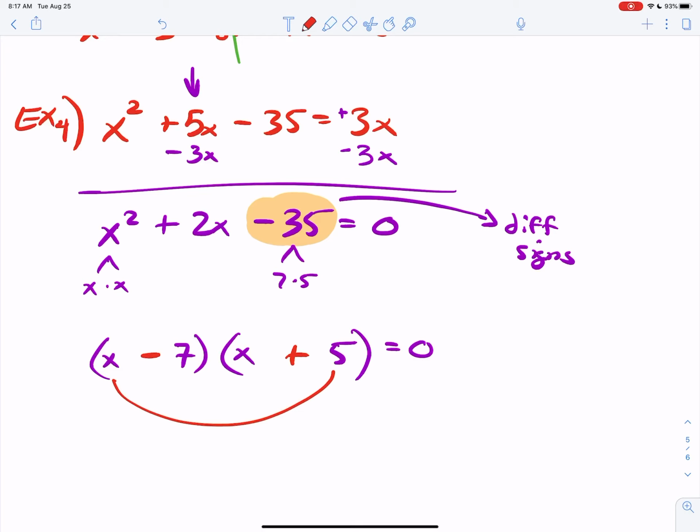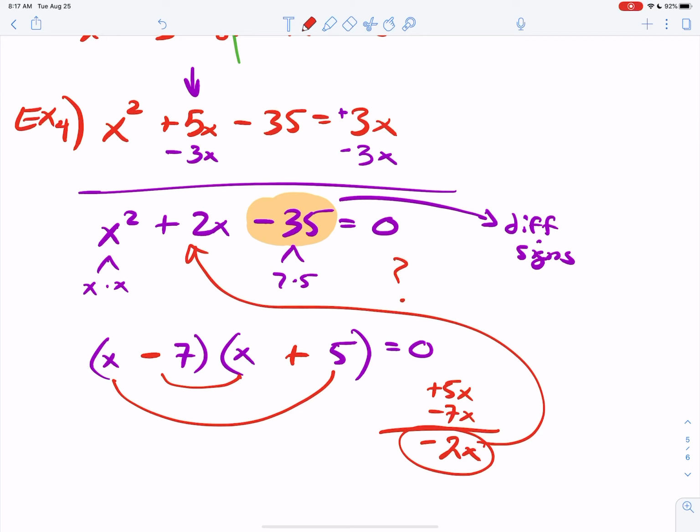x times a positive 5 is a positive 5x. Negative 7 times x is a negative 7x. Different signs we subtract, and we keep the sign of the larger number. Does that match? It doesn't, right? So it's close, but the signs are off.